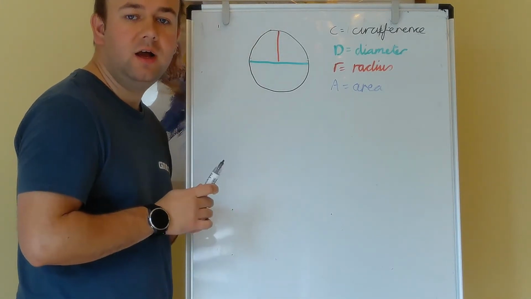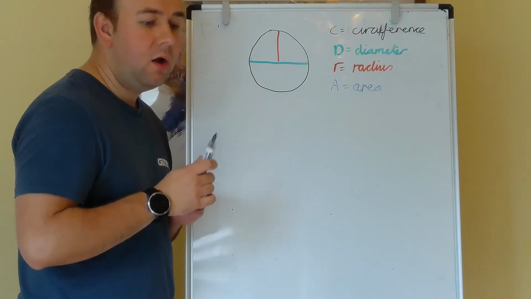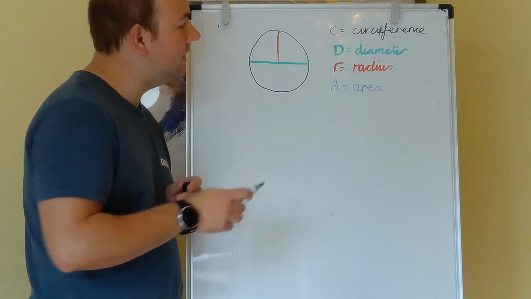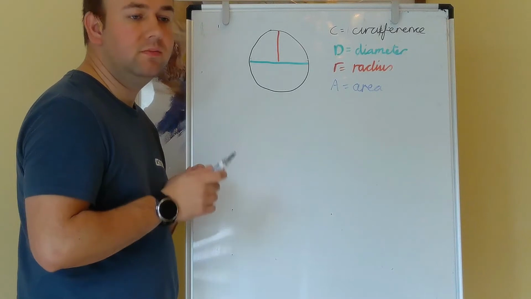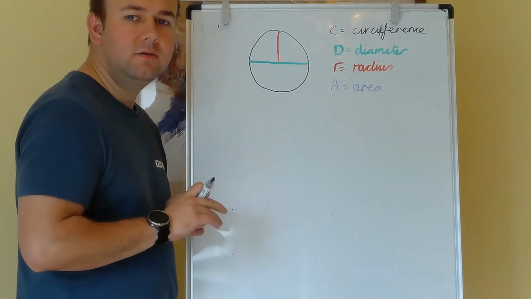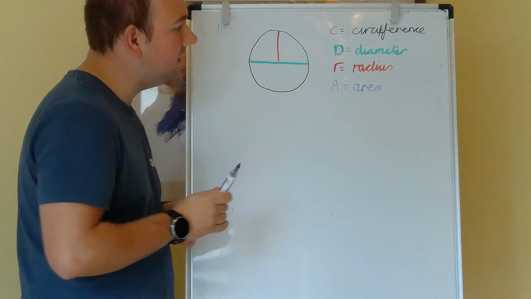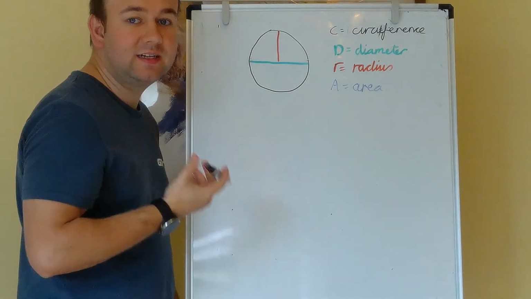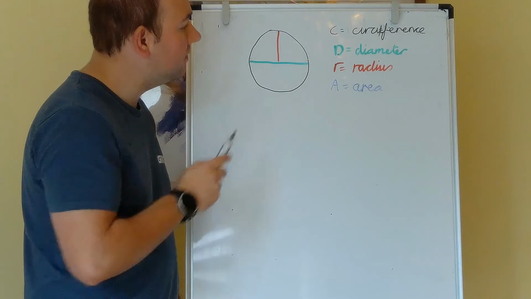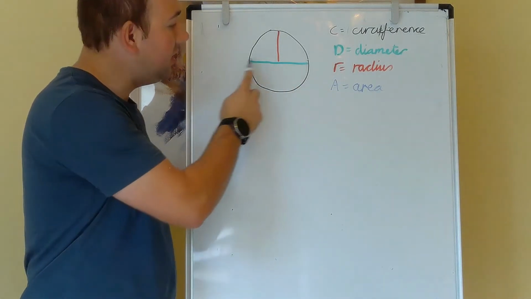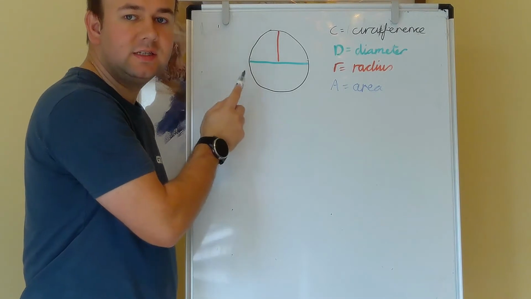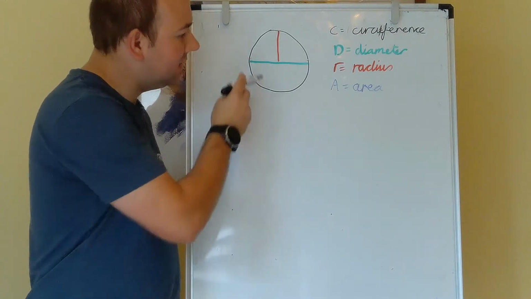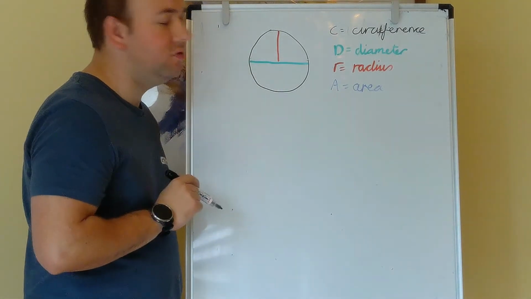Circles are a two-dimensional shape, or 2D shape, with one continuous side, and all points on that side are equal distance from the centre. A circle has a number of properties. It has a circumference, which we'll call C, which is the distance around the outside, so it's effectively the perimeter of the circle. We have the diameter, in green, which is the furthest distance from one edge of the circle to another edge, and for it to be the furthest distance, that line will have to go through the centre.